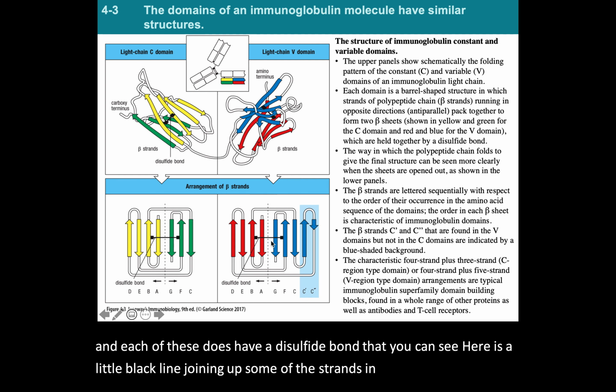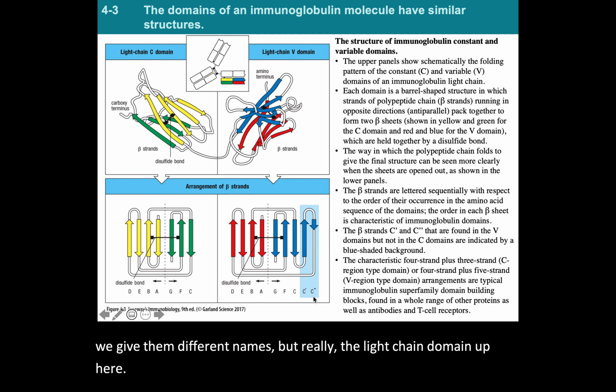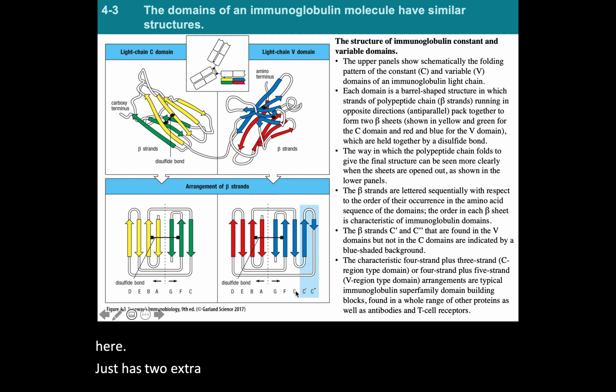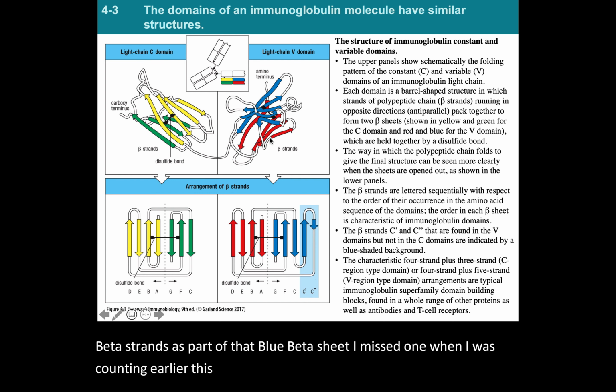And so we give them different names, but really the light chain domain up here just has 2 extra little short beta strands as part of that blue beta sheet. I missed one when I was counting earlier. There's 5 of those. And the 4 red ones here.